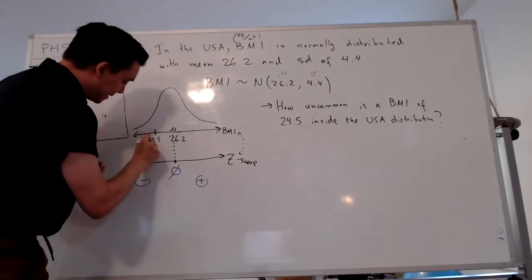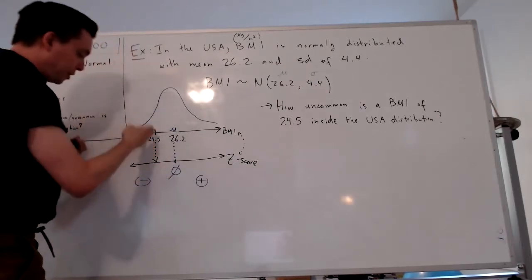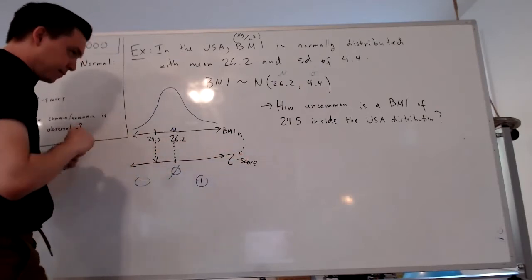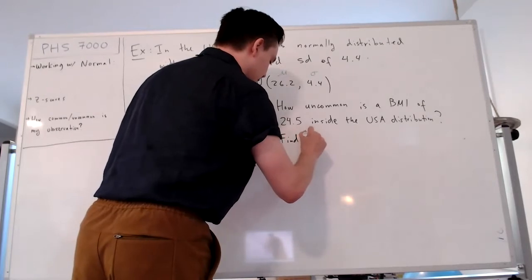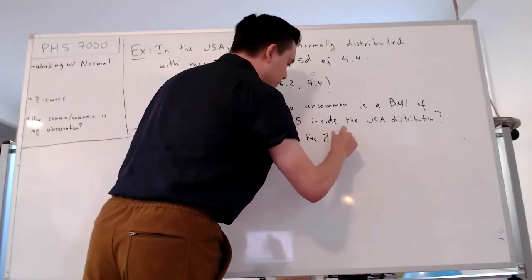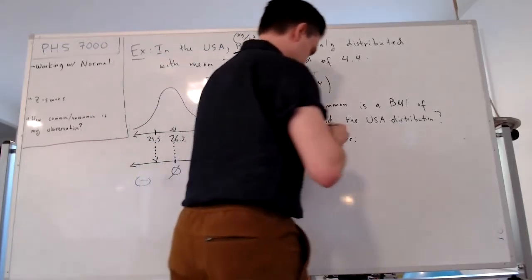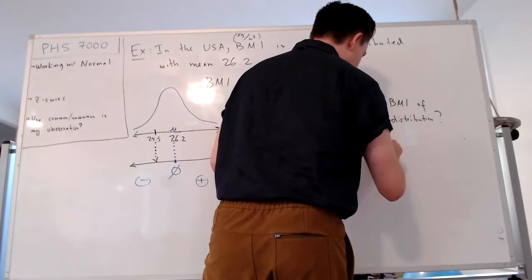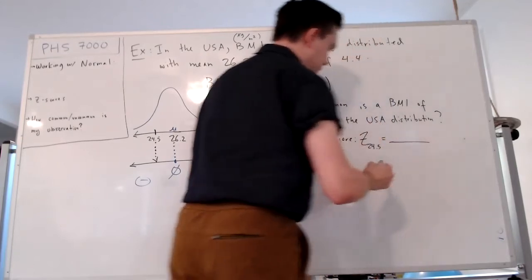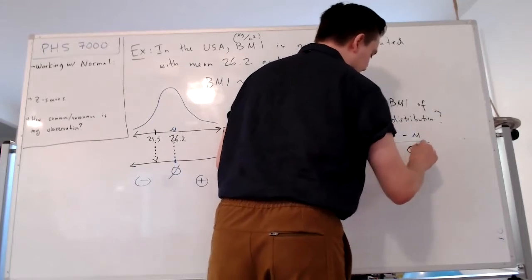But I can take this and then put it on this Z-score scale. Find the Z-score. Z of 24.5. Remember, we subtract the mean, divide by the standard deviation.